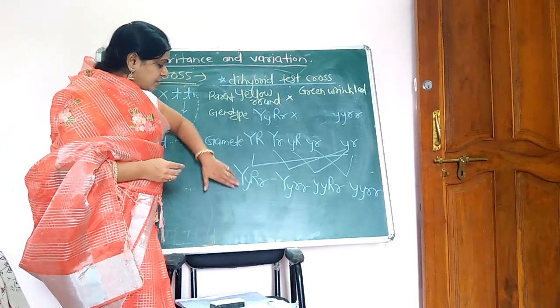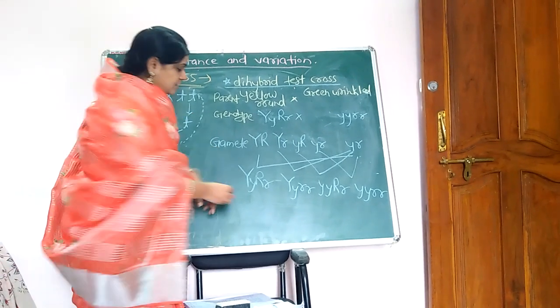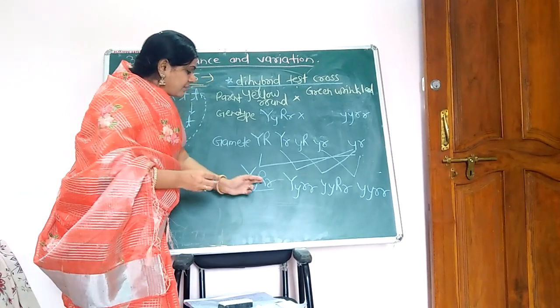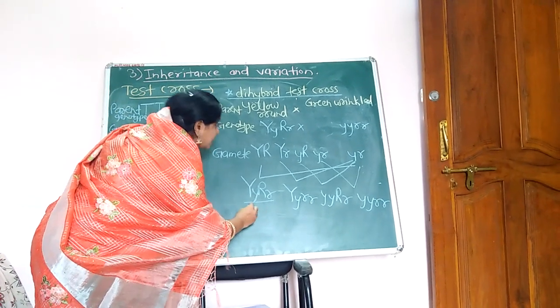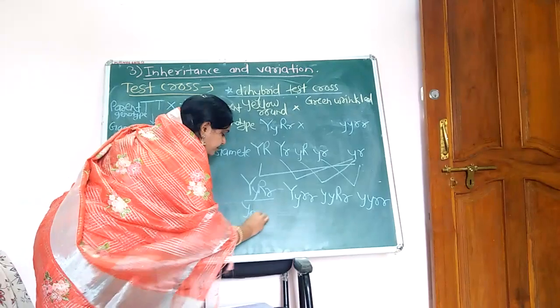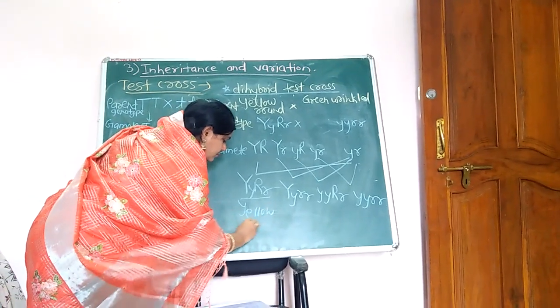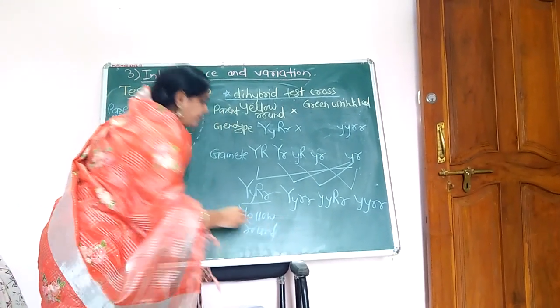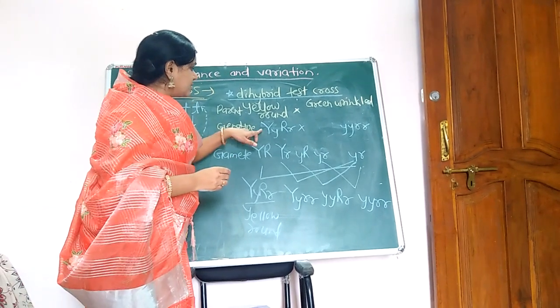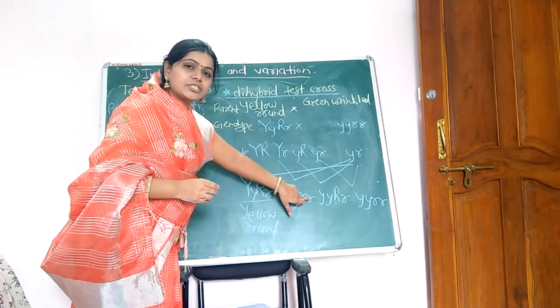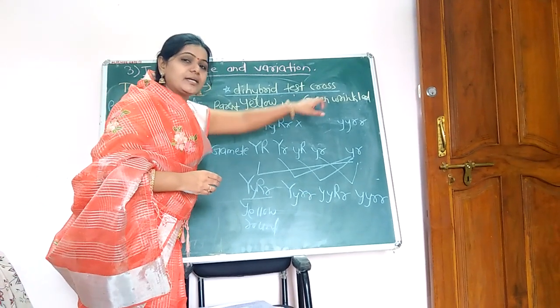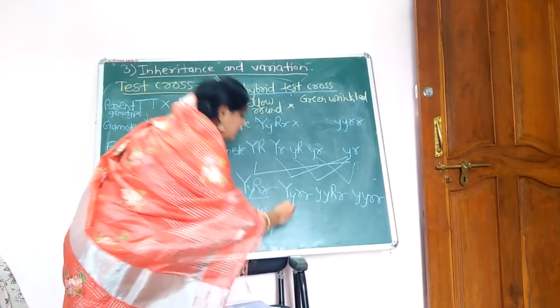Here, in the first case, capital Y and capital R, it is hybrid. That means it is yellow round. Here, Y is the yellow dominant, small y, and small r, which is the recessive, that means wrinkled. That means here yellow wrinkled.